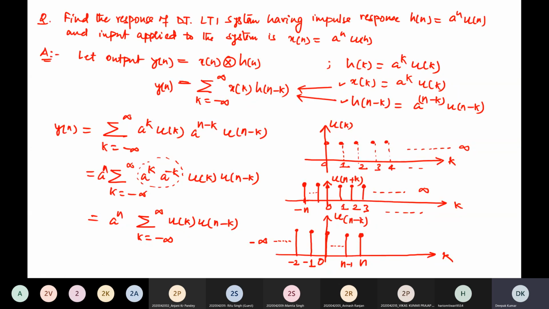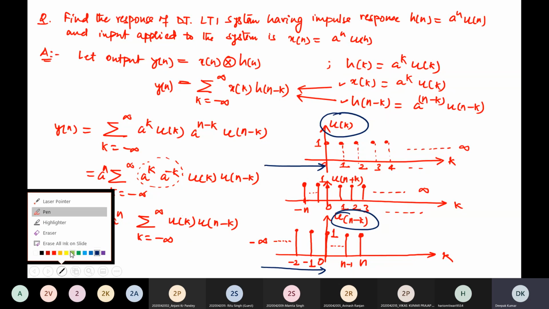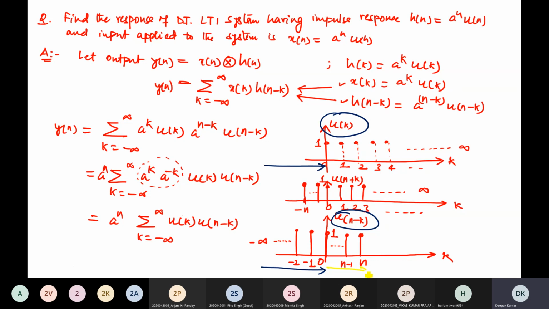Now for this u of k and u of n minus k, the magnitude will always be 1, but if you multiply this u of k and u of n minus k, you can see from minus infinity up to 0 it will become 0, and in the range of 0 to n, somewhere n, it will be a non-zero value, and after n to infinity, again it will be 0.